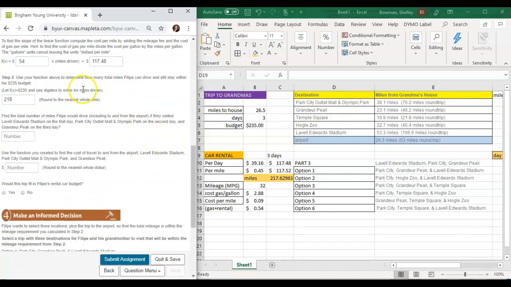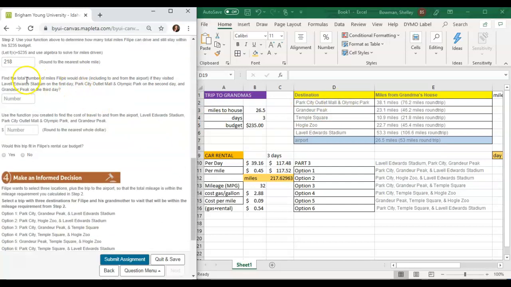And that helped, and then again I copied this over and pasted it here, and you'll see I also have part 4 in here for down here, and again I just copied and pasted that in so that I could have it all in one place. So over here we have LaVelle Edwards Stadium, Park City, and Grandeur Peak, and also to and from the airport.